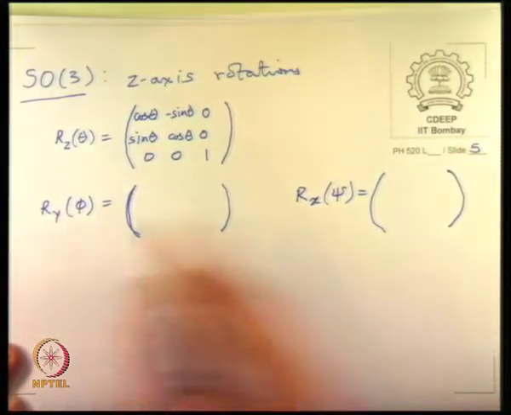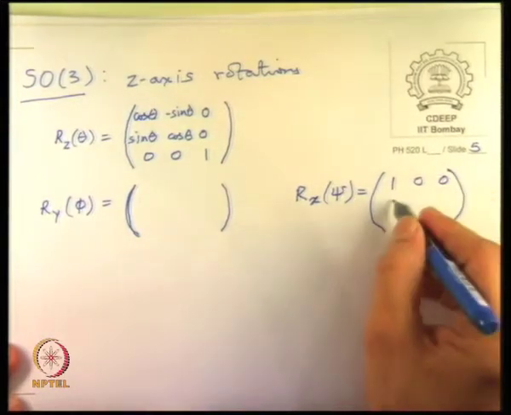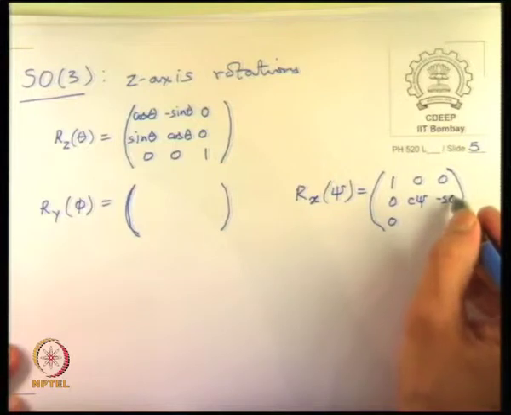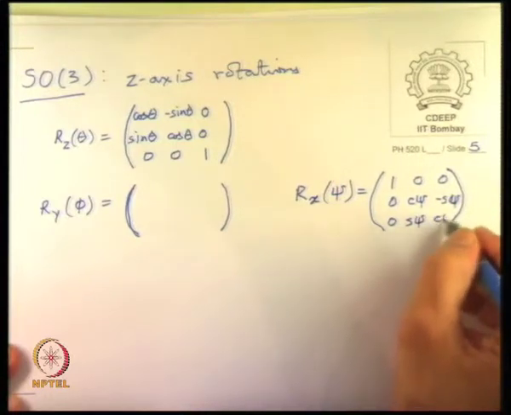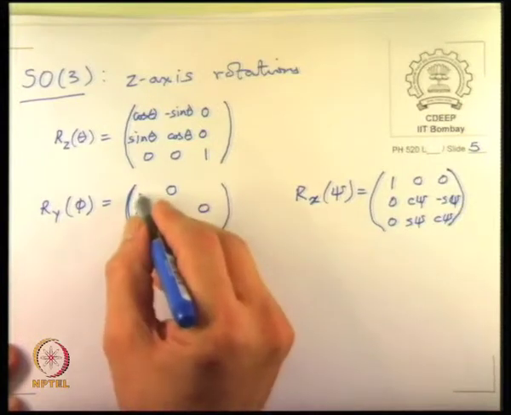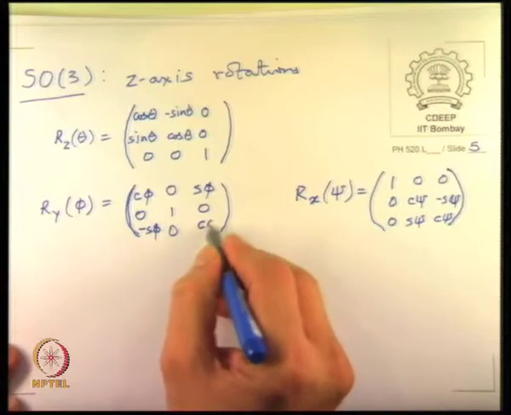So what should we be writing here? Can you fill this out? The main point to remember is that by our conventions, if we have minus sign in the upper diagonal for Rz, we also retain minus sign above the diagonal for Rx, but for Ry we have minus sign below.